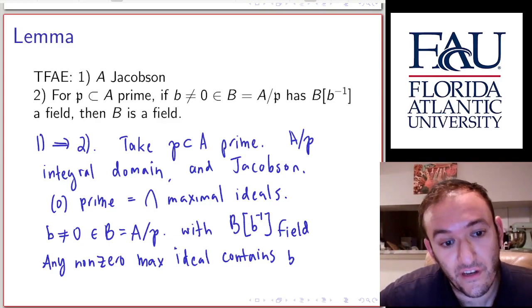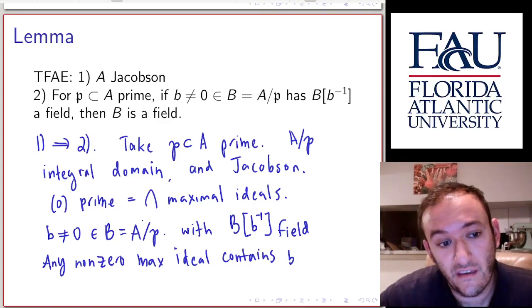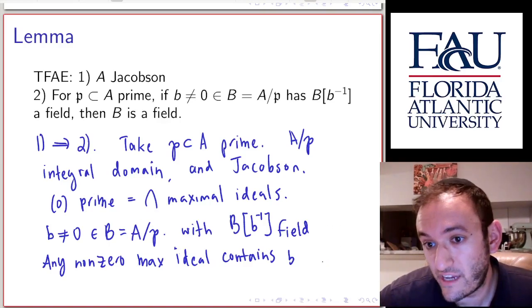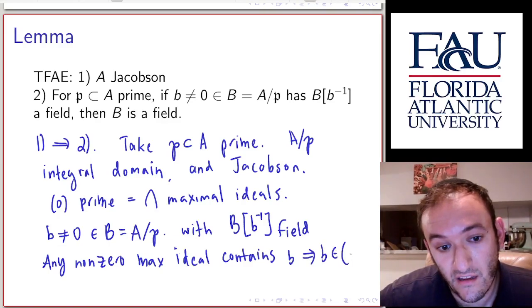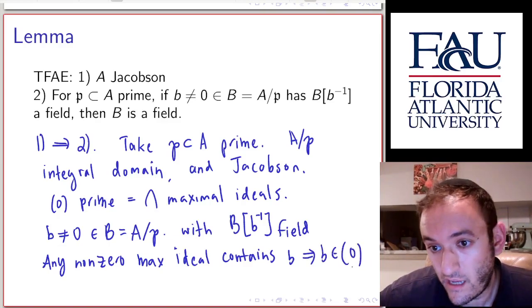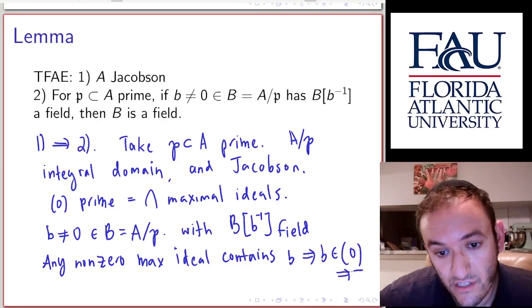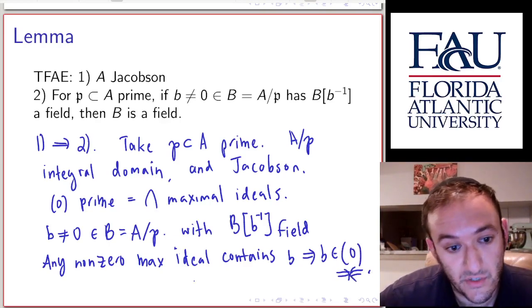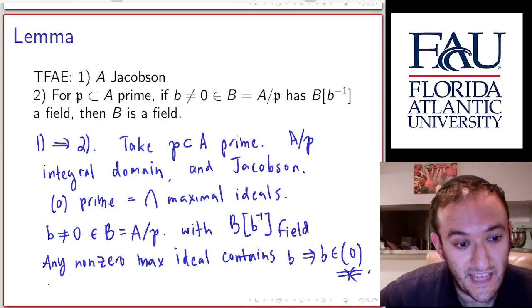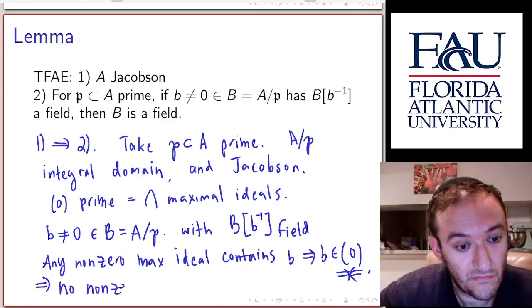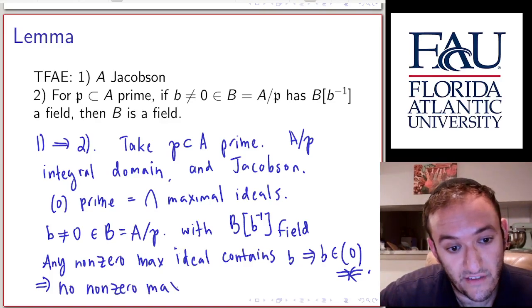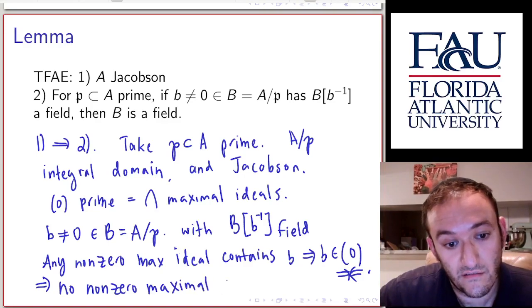But if every non-zero maximal ideal contains b, then b should be in the intersection of all maximal ideals, which means that b should be in the zero ideal, which is obviously against our assumptions on b. So that means that there are no non-zero maximal ideals, which is enough to tell us that the ring is a field.